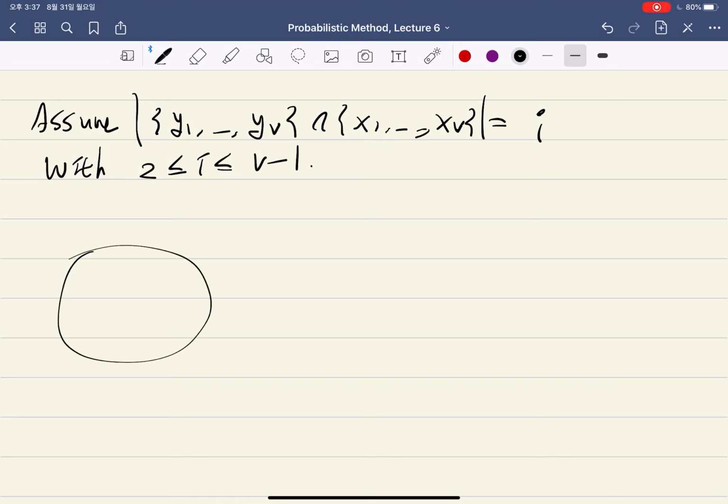Then we have this x, which consists of the vertices x1 to xb, and then we have y, and this part has i vertices.